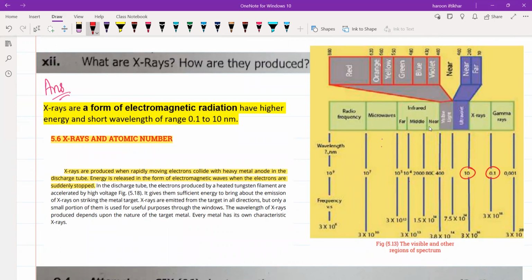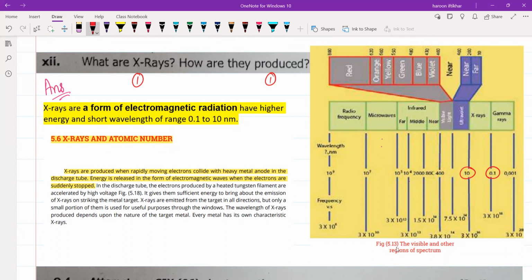This is their definition. And how are they produced? X-rays are produced when rapidly moving electrons collide with a heavy metal anode in the discharge tube. Energy is released in the form of electromagnetic waves when the electron stops suddenly. So there is one mark for what are X-rays and one mark for how they are produced. Okay, it's a little technical question and you will not get the answer at the same place.